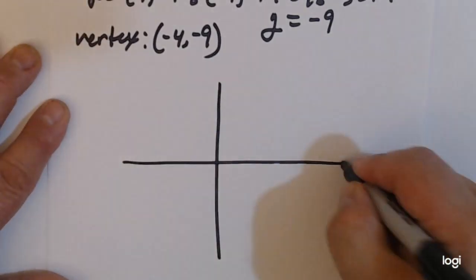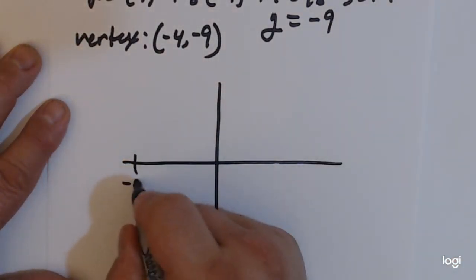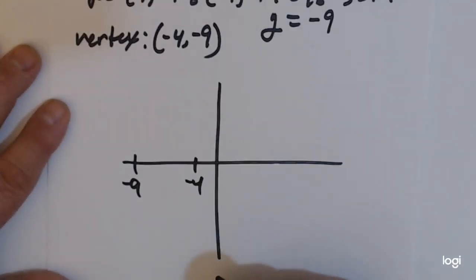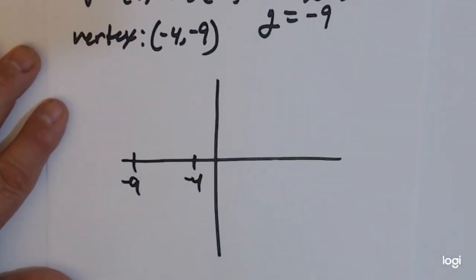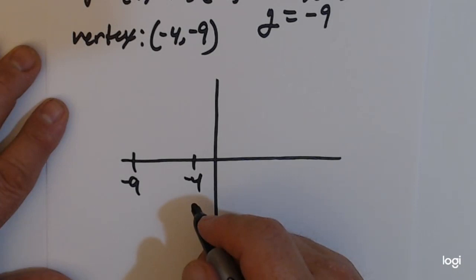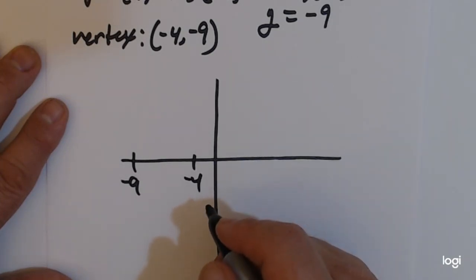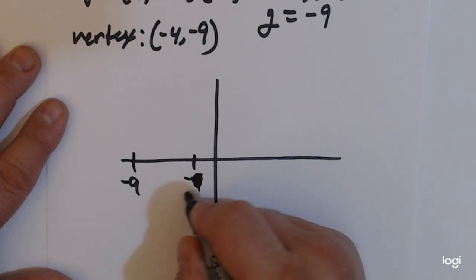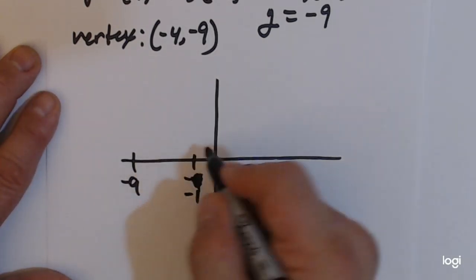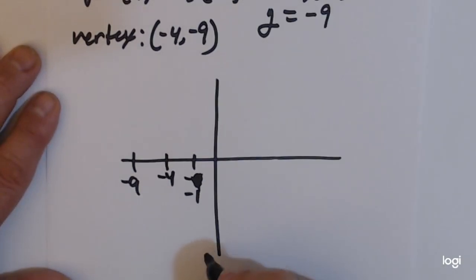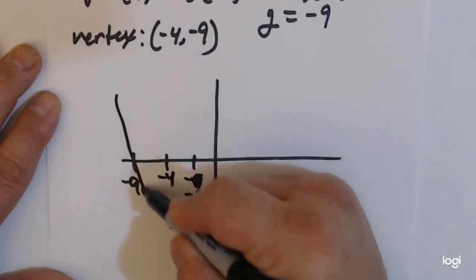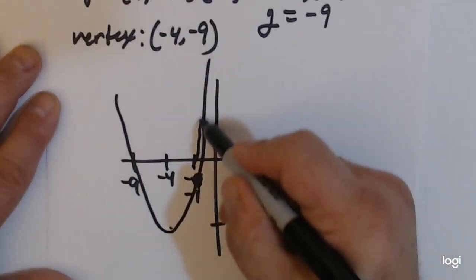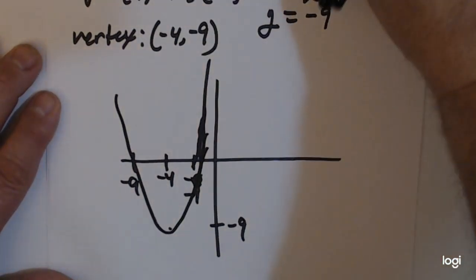So now we can graph this thing. We've got all the major points. So we have negative 9 and we have negative 4. And the vertex, oh, this should be negative 1, sorry. And the vertex is negative 4. And the y value is negative 9. So we're looking something like this. Let me redraw that.